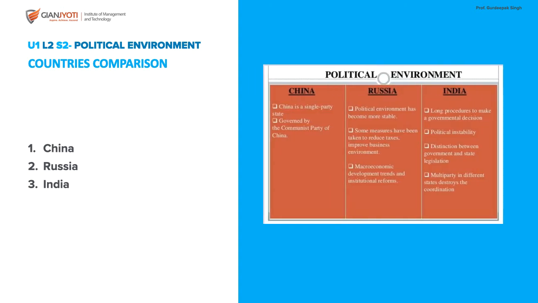If I take China first, in China you have a single party system wherein there is one government which is ruling the entire country, and the party is the Communist Party of China. So they have a single party. That means implementation of policies is very simple.